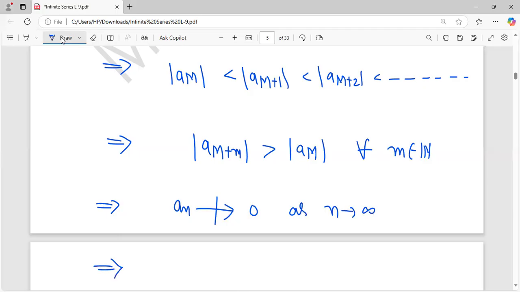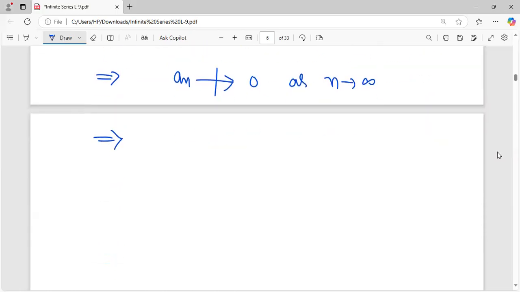Okay. So this implies, if a series is convergent, its nth term tends to 0.